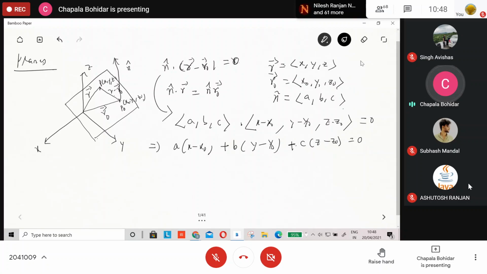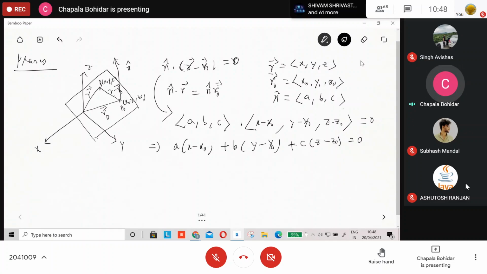This is the scalar equation of the plane through the point x0, y0, z0 and normal vector n having the components a, b, c. This is your equation of the plane.